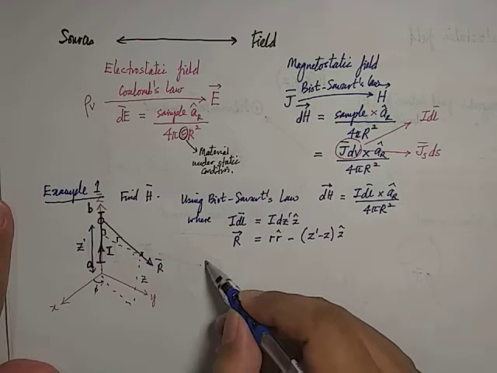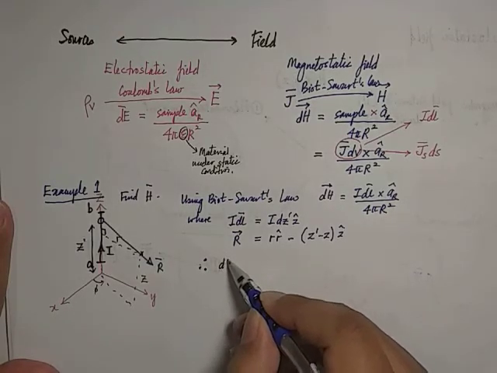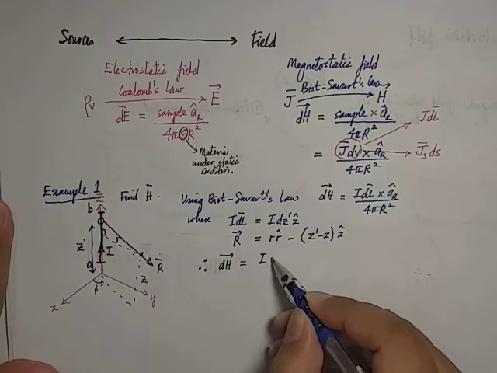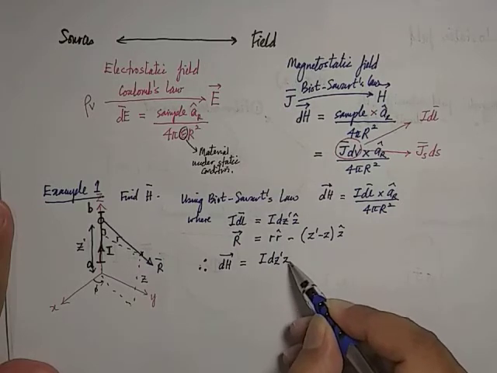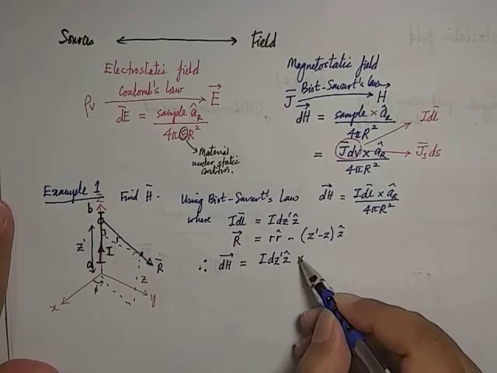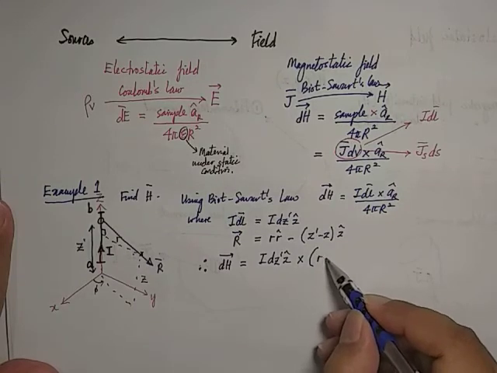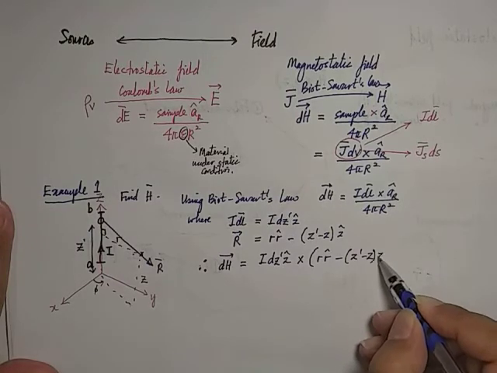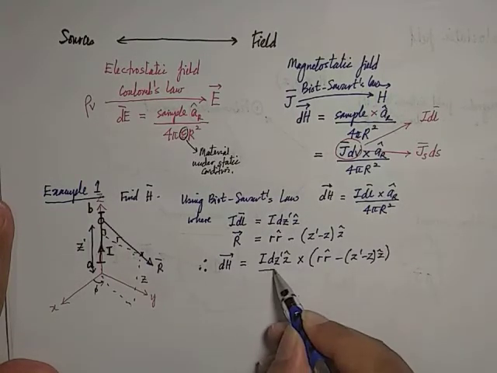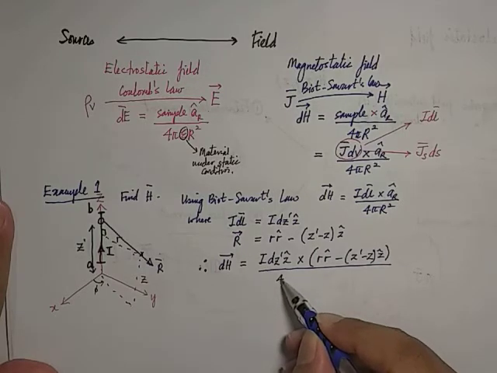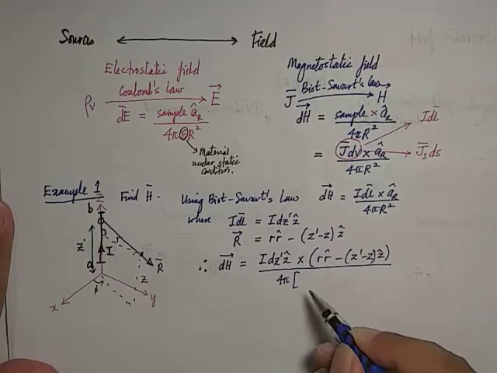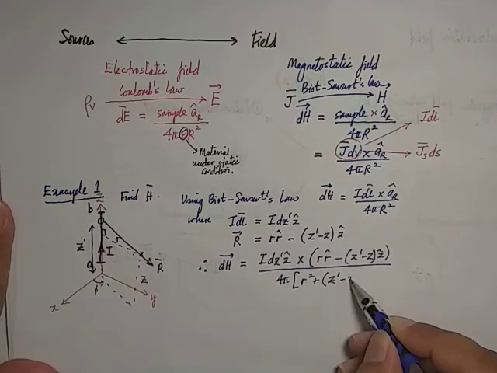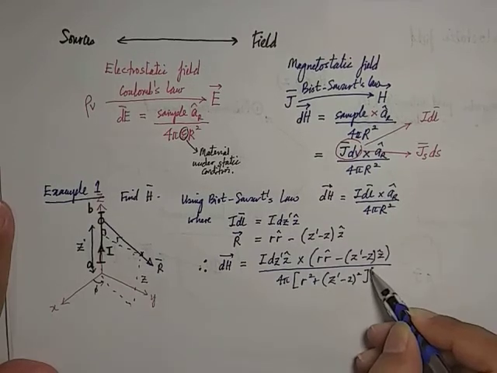Now, therefore, our dH is going to be equal to I dz prime z direction, cross with r vector minus z prime minus z in the negative z direction, divided by 4 pi, and r squared plus z prime minus z squared to the power of 3 over 2.